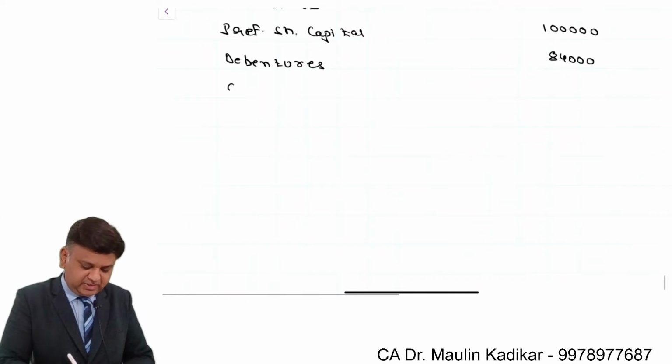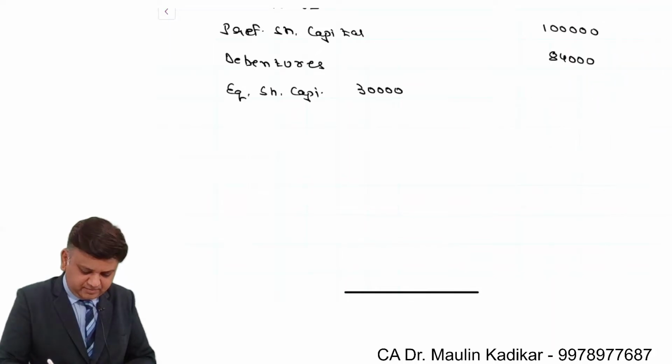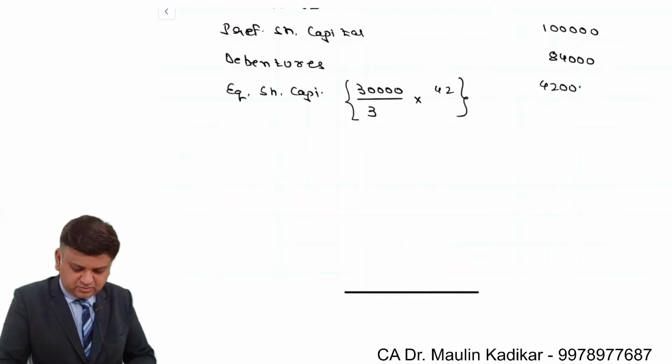Next is equity share capital. In that case, it is 30,000 into 1 by 3 into 42 rupees per share. That comes to 4,20,000.